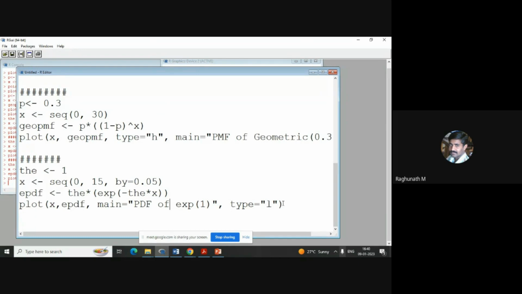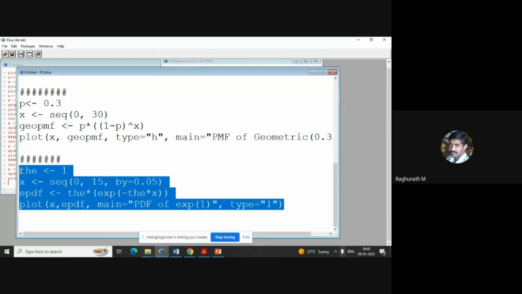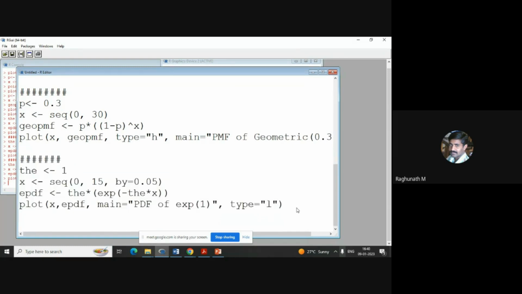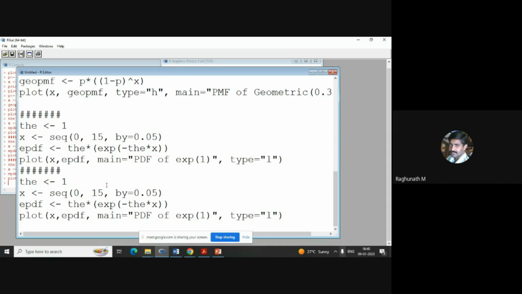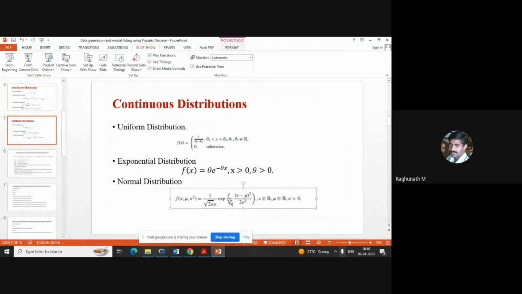It helps to understand how the normal distribution behaves. If you look into the PDF of normal, there are two parameters involved.